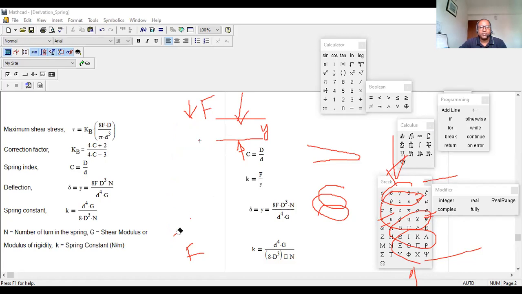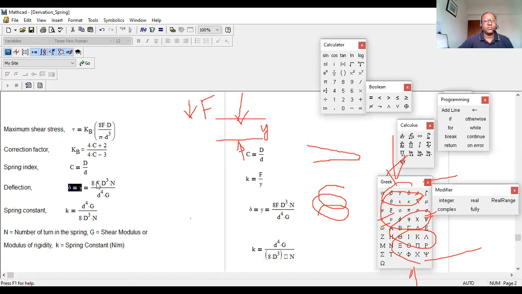So F by Y, or you can say F by delta. Same thing. Some books write Y, some books write delta. So I put both, delta equals Y equals this value. And this one we are not deriving over here, but we will show you how it is coming.